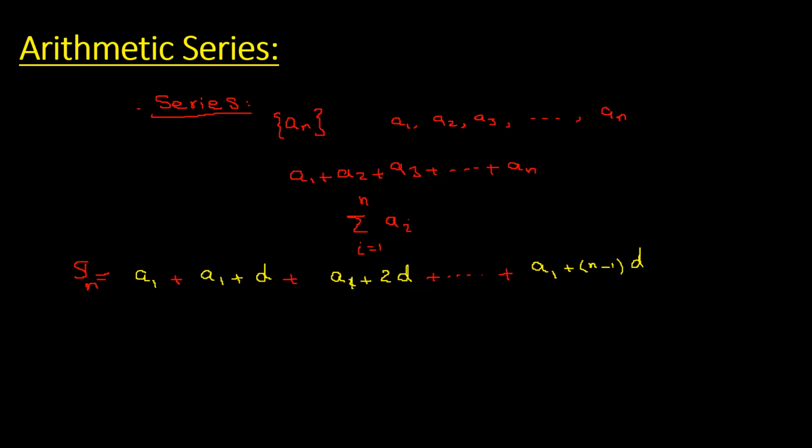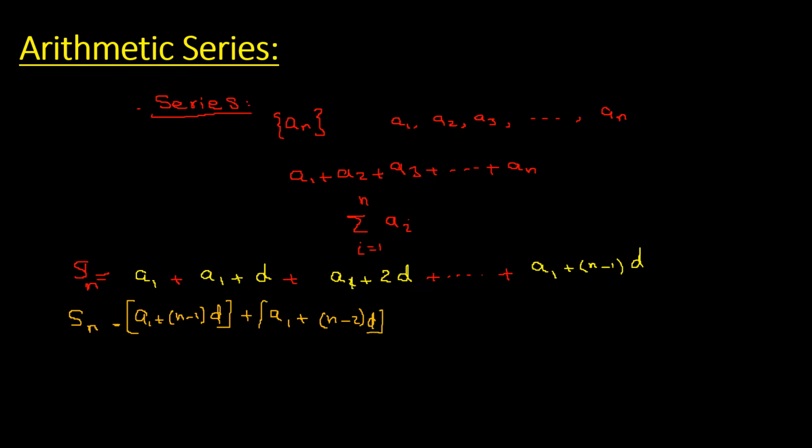Now we need to find the formula. What is the formula for Sn? To do that, we can write this whole expression in the opposite order. Firstly we write the last term, that is a1 plus n minus 1 into d. Then we take the previous term, which will be a1 plus n minus 2 into d.